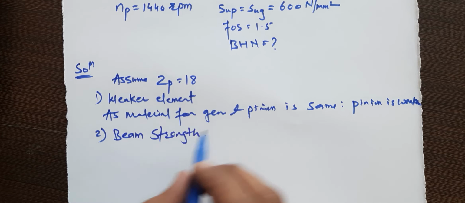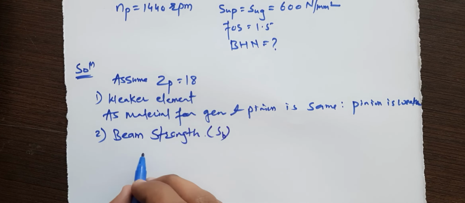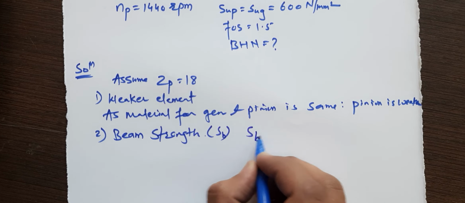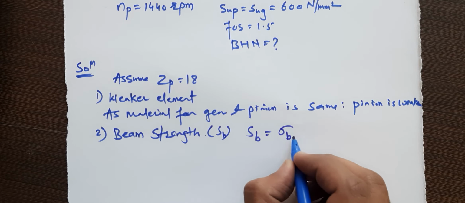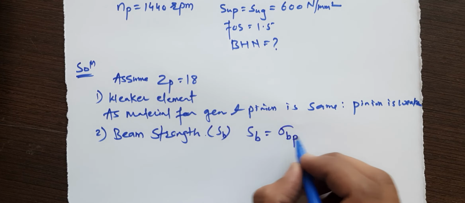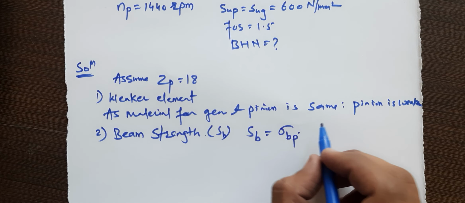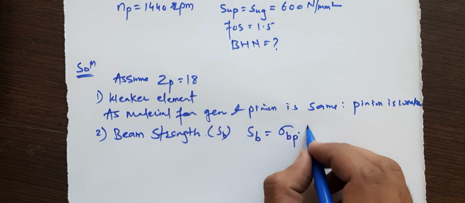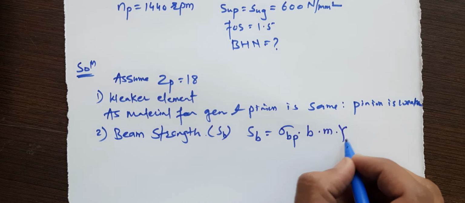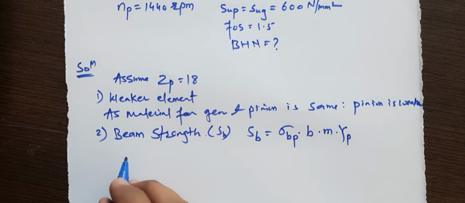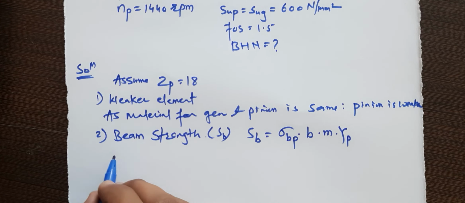To find beam strength, we have the formula SB is equal to sigma B. Now pinion is weaker, so sigma BP. Sigma BP and sigma BG are actually the same. So SB equals sigma BP, B, M and YP. Now we need sigma BP.